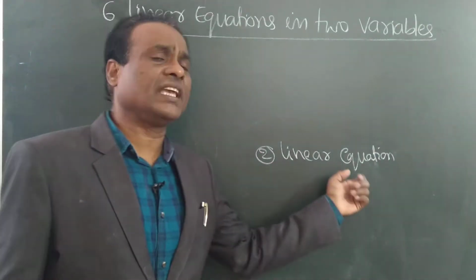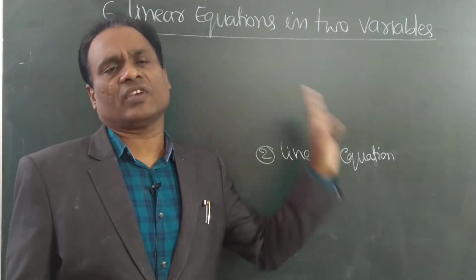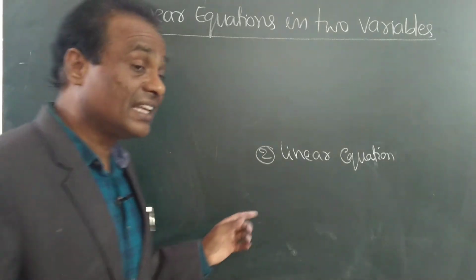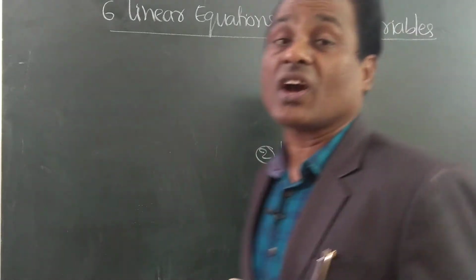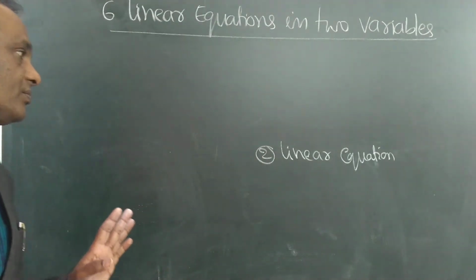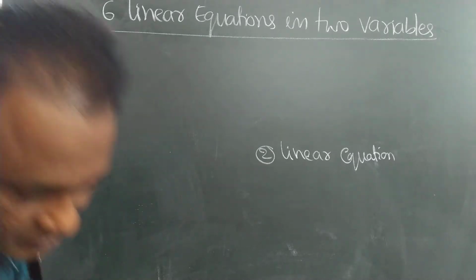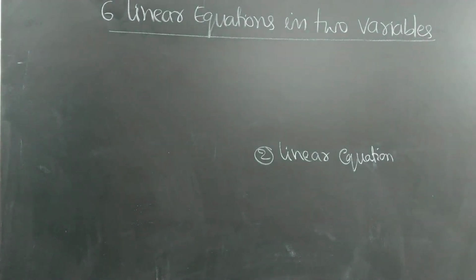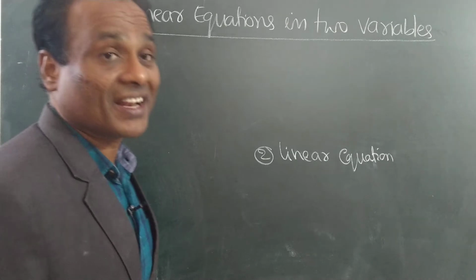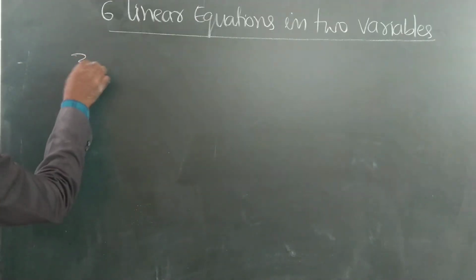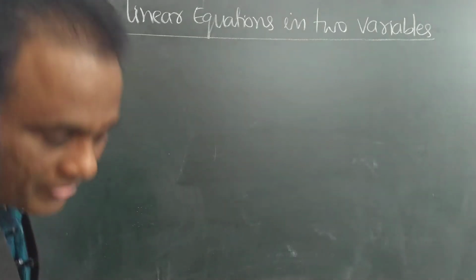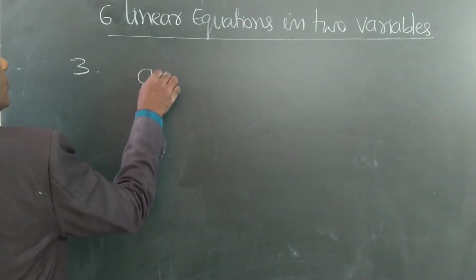So if the degree of the equation is 1, it is called a linear equation.